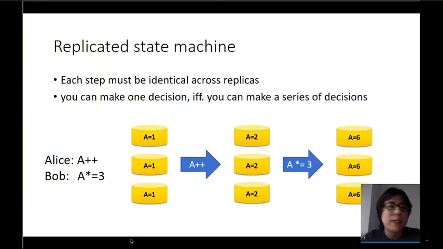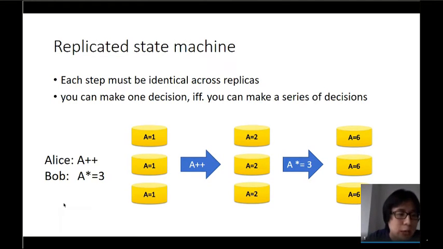What we really need here is for all the replicated state machines to do exactly the same state transitions at each step. In other words, we want to make a series of decisions about which command we're going to execute for the next step.